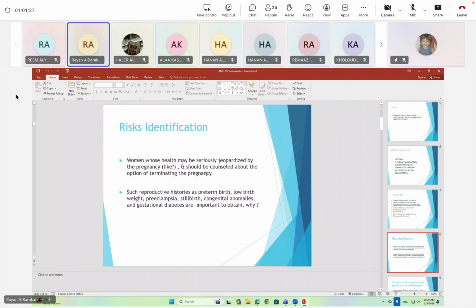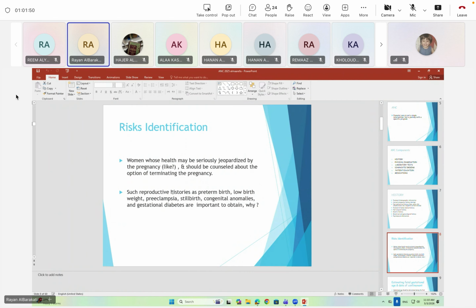Some of them will be affecting the pregnancy and will need special care, or we will consider this a high-risk pregnancy regarding the mother's status. So they should be counseled about the option of terminating pregnancy if there is a risk of maternal mortality or major morbidity for the mother.